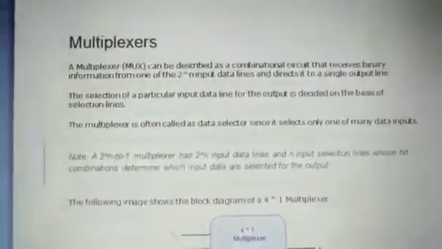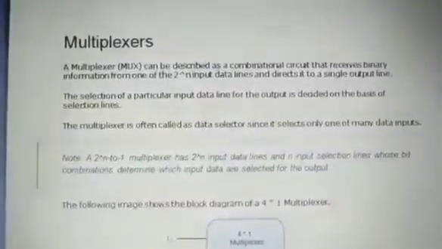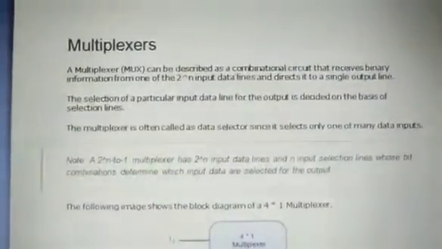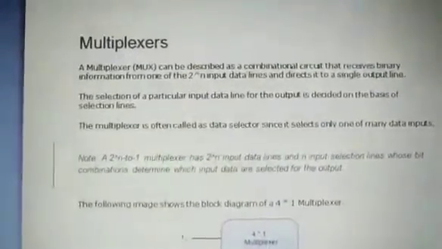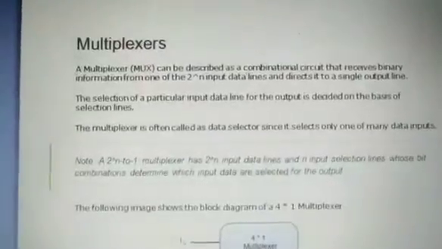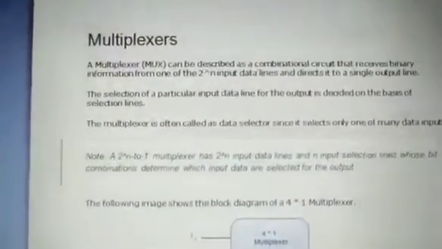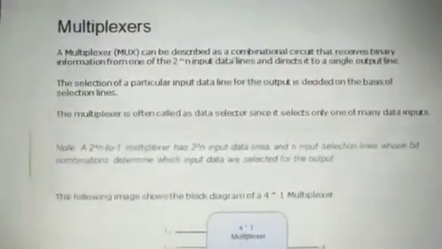So from the several sources, it will select only one depending upon the criteria. The criteria is the select line. The select line will help to choose among the several sources, and from the chosen source, it will transmit the information to the receiver through a single line.